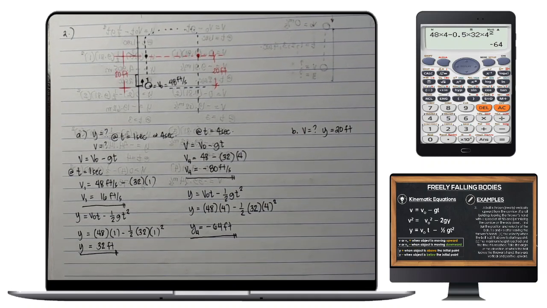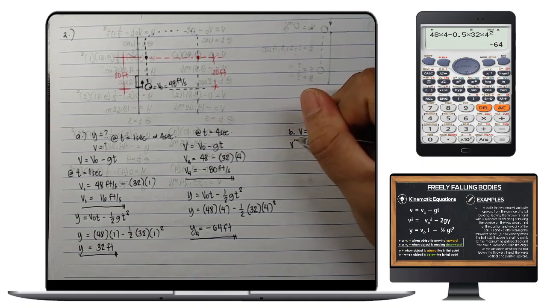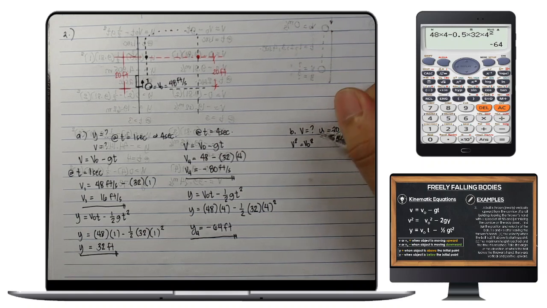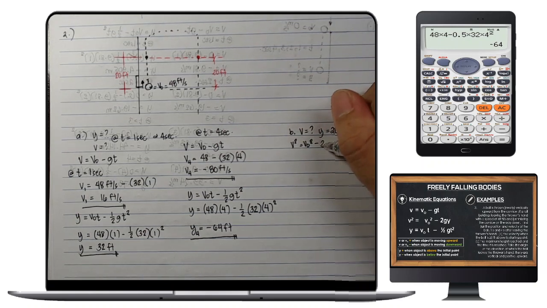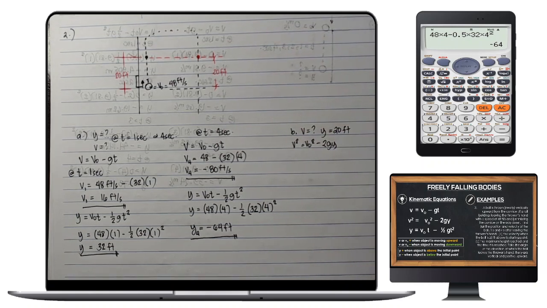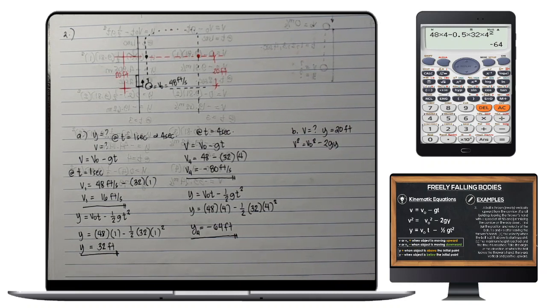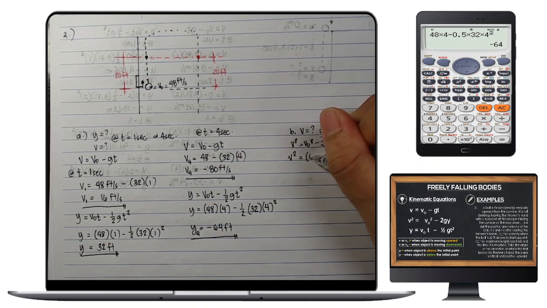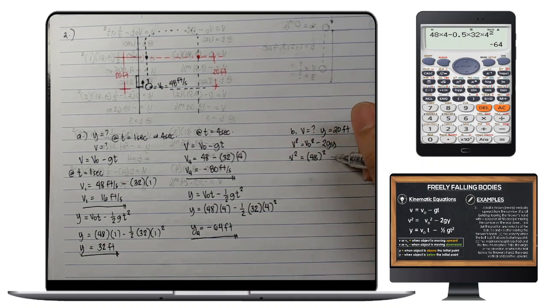Second formula. So, we can use v² is equal to v₀² minus 2gy. Okay? So, substituting. So, v² equal to v₀². So, that is 48² minus 2 times g, which is 32.